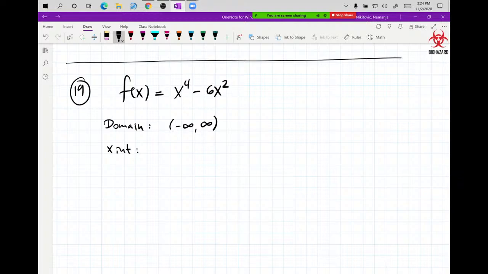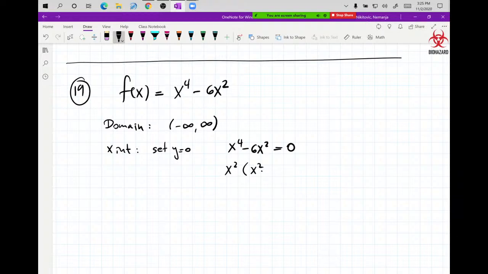Then we have the x-intercepts. When you're solving for x-intercepts, you learned in the algebra course that you set y equal to 0. So in this case, it will be x to the 4th minus 6x squared equal to 0. To solve this, you factor out x squared.